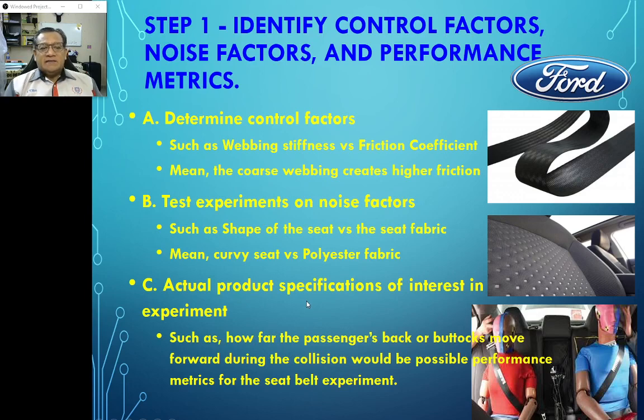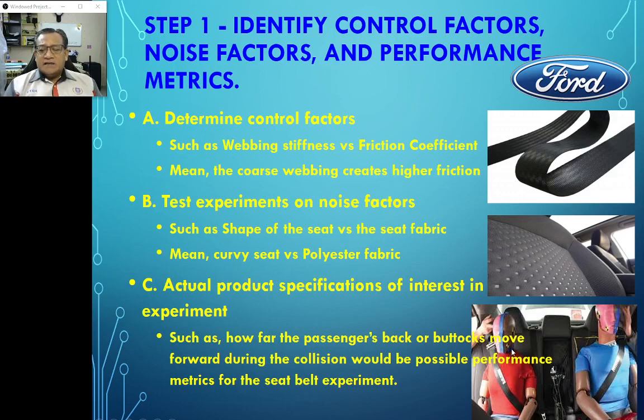And then step C, the actual product specification of interest in the experiment. So what is the parameter to achieve in order for this testing to execute? It is how far the passenger's back and buttock move forward.